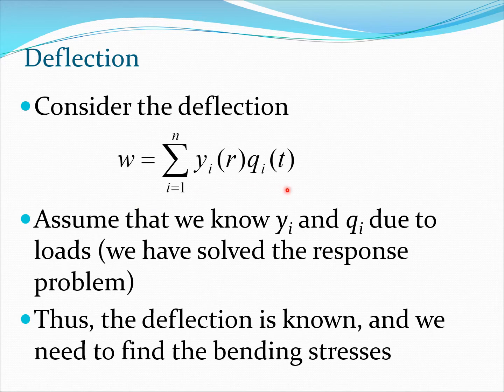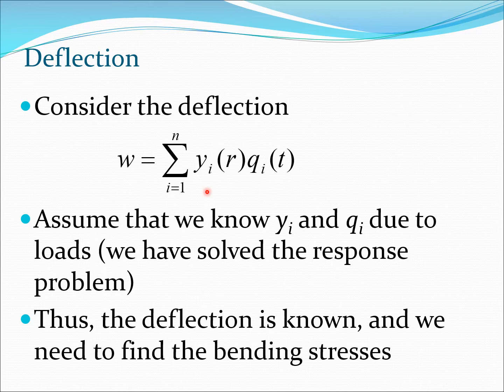Now, in many cases, if you are using a method such as a Galerkin method, your y_i would be known, your q_i would be known. These may, for example, be some displacement you have selected or the mode shape. However, if you are using the FEM method, you have to essentially extract these from the eigenvectors for the problem.